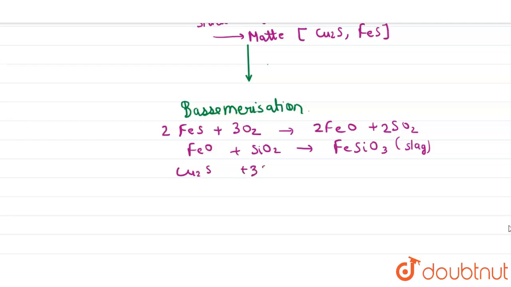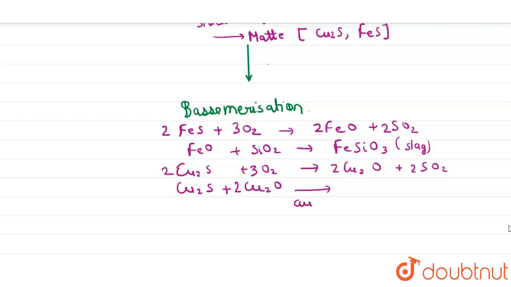Copper Cu2S in the presence of oxygen gets converted to 2Cu2O plus 2SO2, and both combine together. Cu2S and Cu2O both combine together under the process known as auto reduction to form copper and sulfur dioxide.